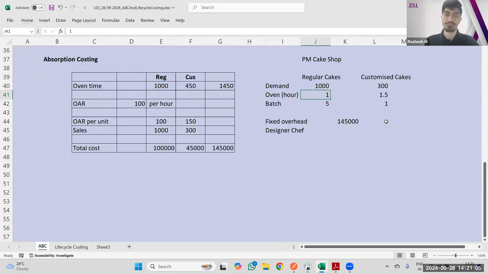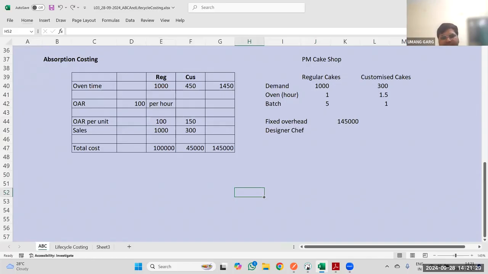One. All right, we'll come to batches, don't worry. But yes, we are producing one cake an hour. So 100 rupees per hour and 150 rupees per unit is coming to both our products, right? And you're right, if your example was that this was 5 cakes altogether, then you would divide this by 5.